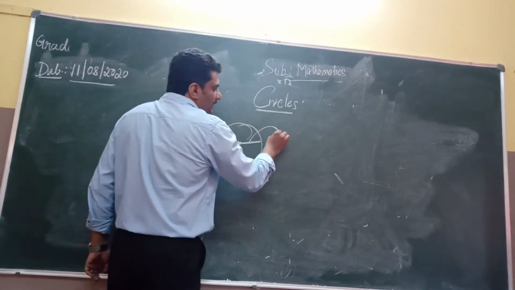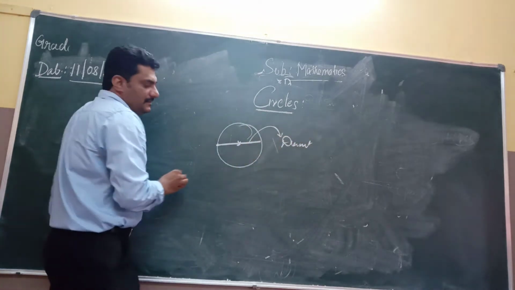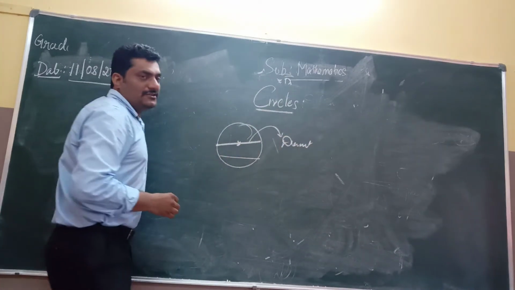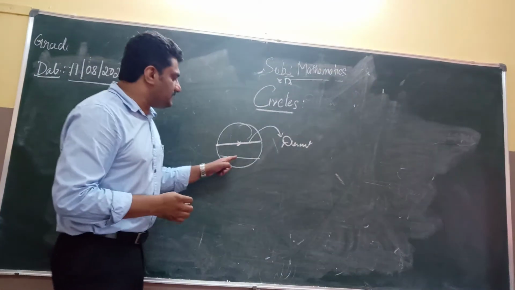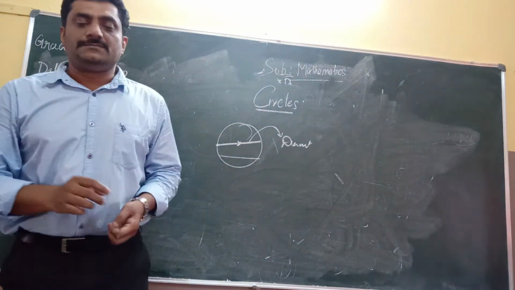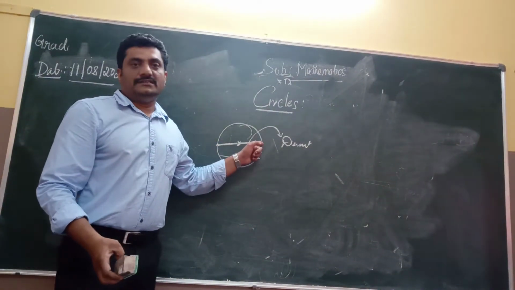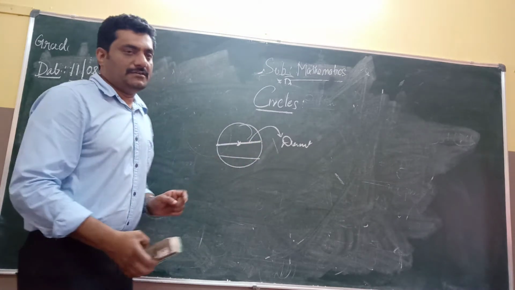Only then it is called a diameter. Now this line, I cannot call a diameter because it is not passing through the center. A line which passes through the center from one edge to another edge is called a diameter.